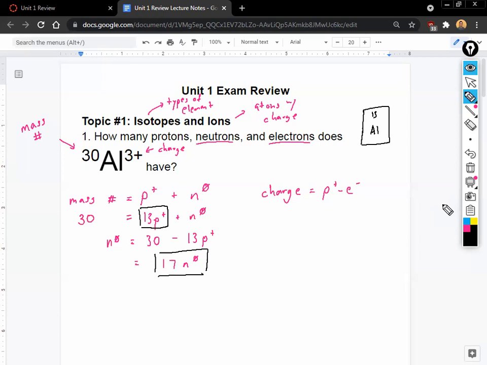All right, so I'll leave that up there for a second, but take a minute, work with the person next to you, and calculate the number of electrons now. You're going to be using this formula right here: charge is protons minus electrons. So I'll give you a minute to calculate the number of electrons on this atom.